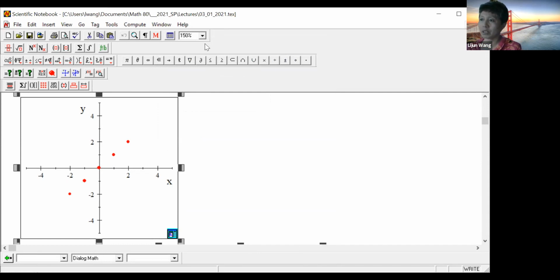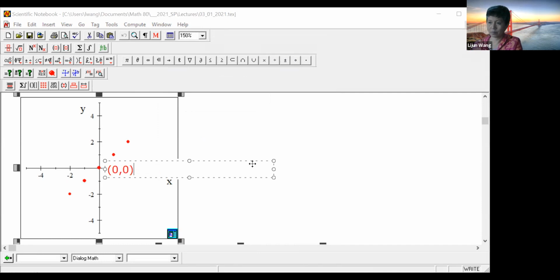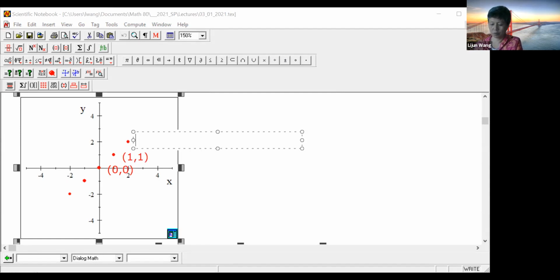Let me show you how you mark it. You mark each point: input, output.